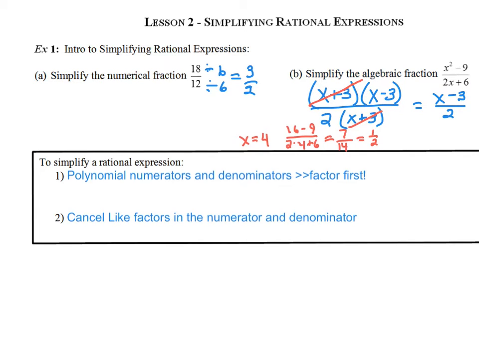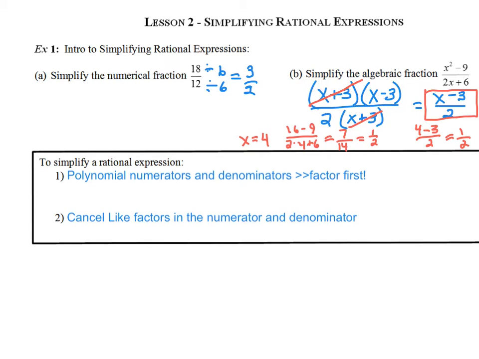Now what should happen is when I substitute 4 into my newly simplified answer, when I substitute 4 in for x, I'm getting 4 minus 3 divided by 2, and I see that the value of this fraction has stayed exactly the same. The value is still 1/2. This would work no matter what value of x I used. My original fraction and my simplified fraction should have exactly the same value.